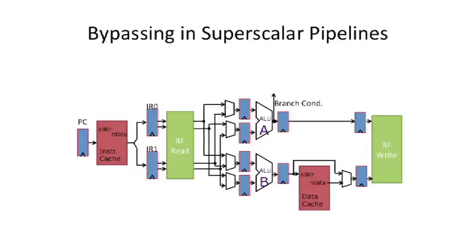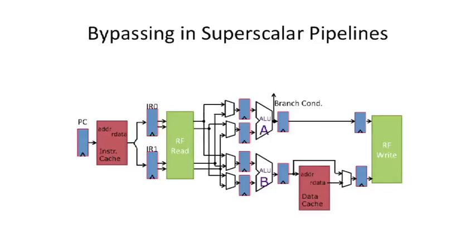OK, so we introduced this two-way superscalar, in-order superscalar. One thing we need to think about is that we add a lot more places that data could be coming from if we have to forward data.